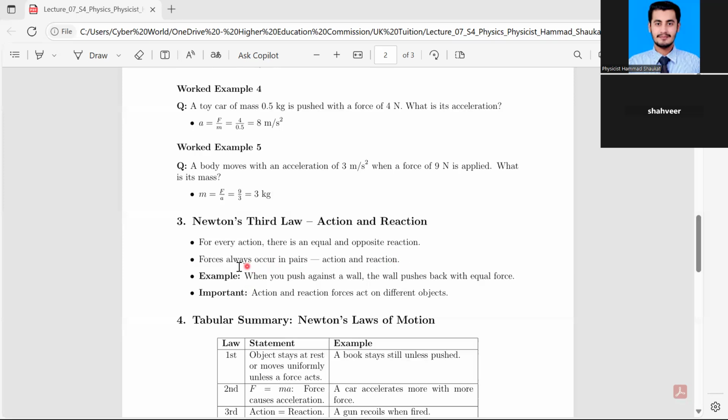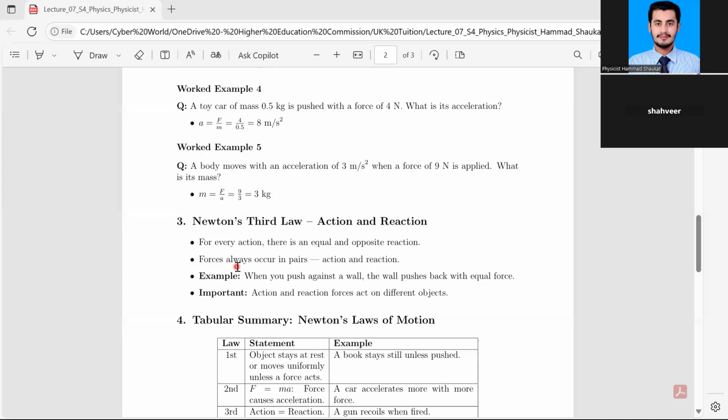What does it mean? Whenever you apply some force to a body, that body also applies some force on you with the same magnitude but opposite in direction.